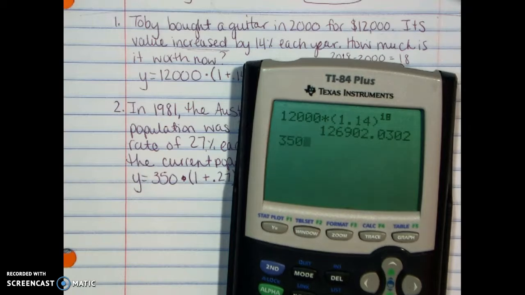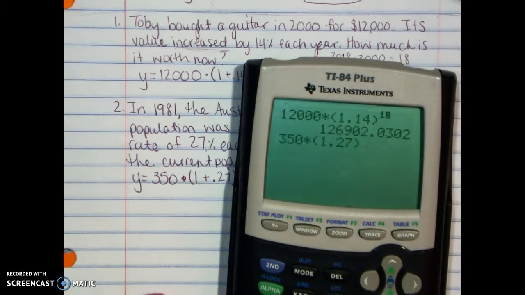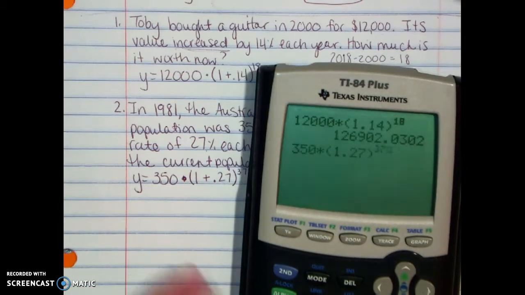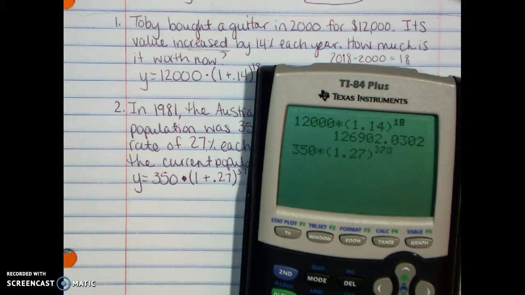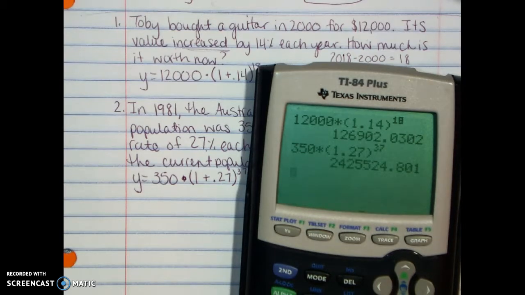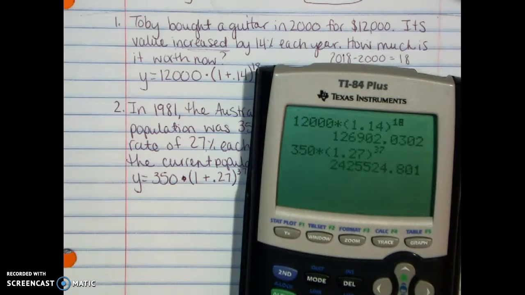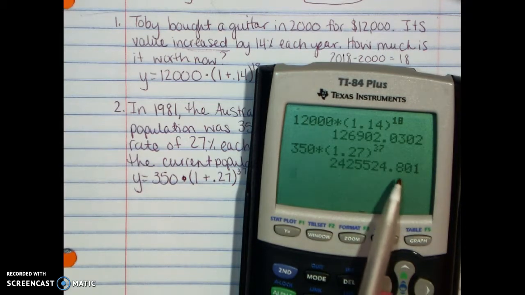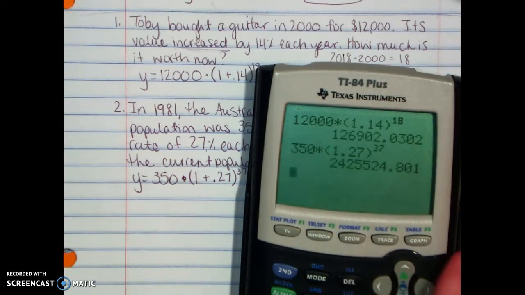350 times 1.27 to the 37th power. Okay, on this one you're also going to round to the nearest whole number, so that 8 is going to round that up to a 5.